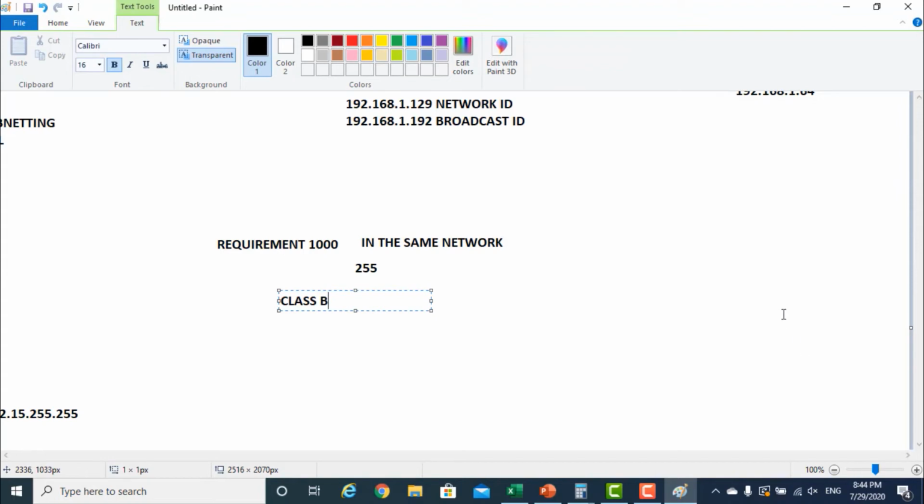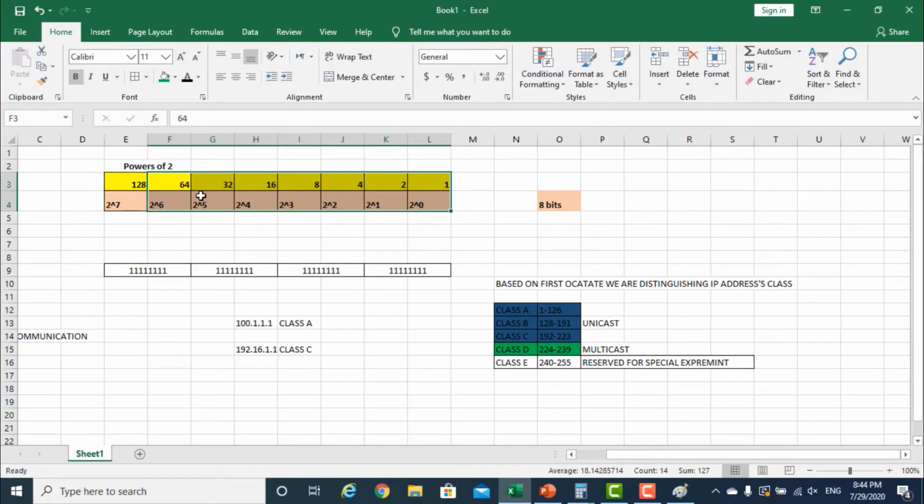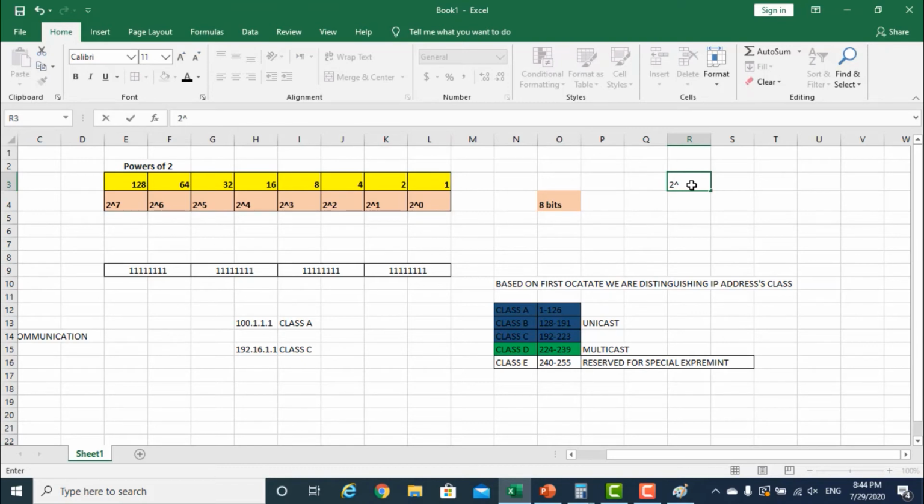For going to that, you should again watch the powers of 2. After 2 raised to power 7, we have 2 raised to power 8, that is 256. Then 2 raised to power 9, that is 512. Still it's not working for us, so we have 2 raised to power 10, that is 1024. Yes, so it's working for us.